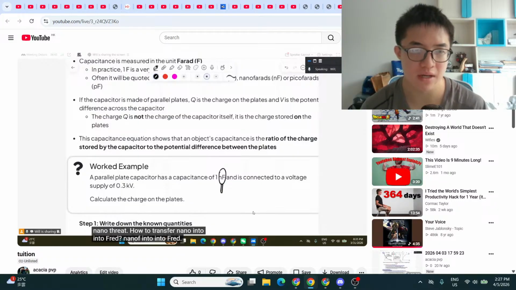A parallel plate capacitor has a capacitance of 1 nanofarad. It is connected to a voltage supply of 0.3 kilovolts.